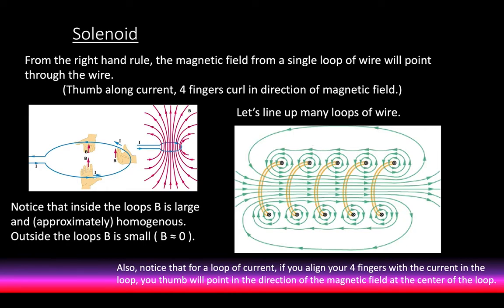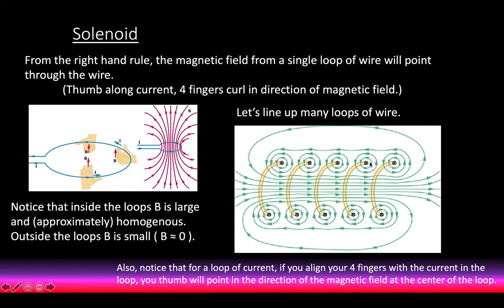Now, let's look at this solenoid right here. I have a curly part, that is the wires that come, and the current comes out of the page up here. The current flows down and into the page down here, and then the wire will wrap around behind the page.